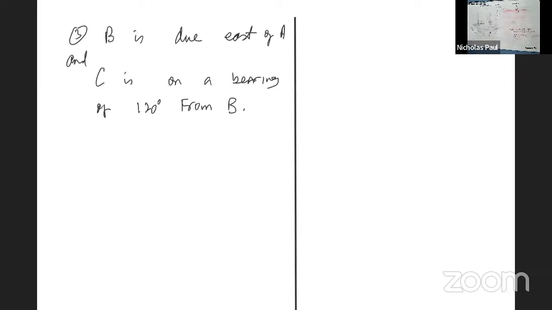Try this here, now. Try and put both of them in the same diagram, right? B is due east of A, and C is on a bearing of 120 from B.